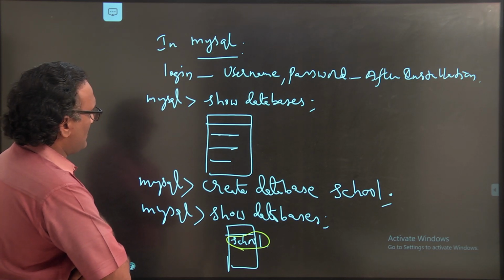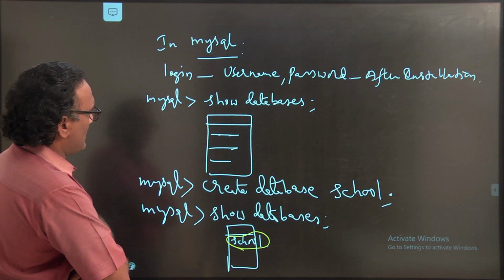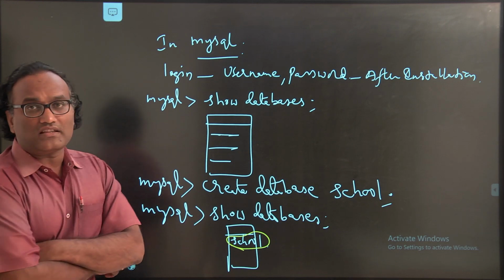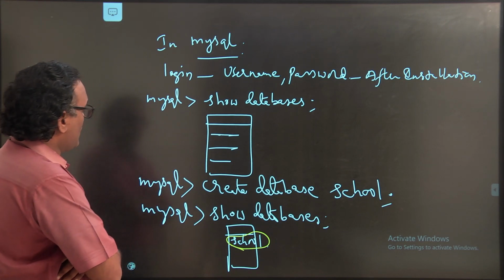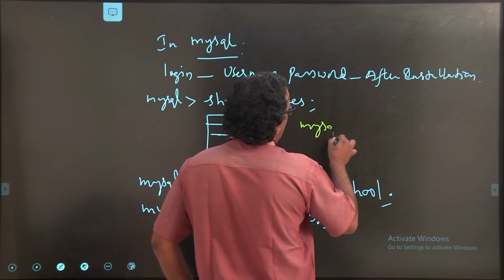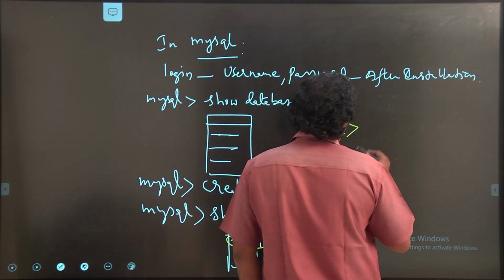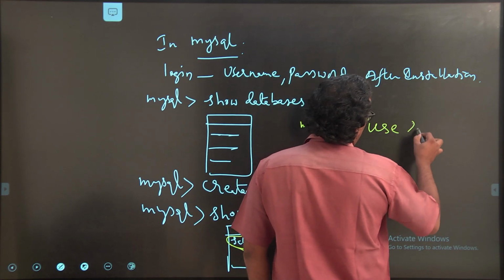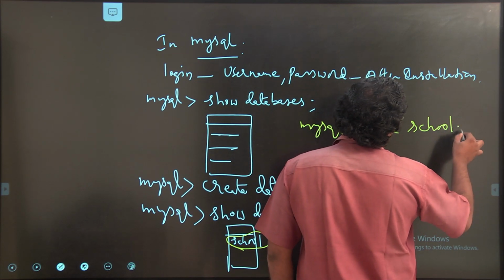After creating this, you need to enter into this database and you need to create a table in this. So how can you do that? You can do that by using this in MySQL: use school.